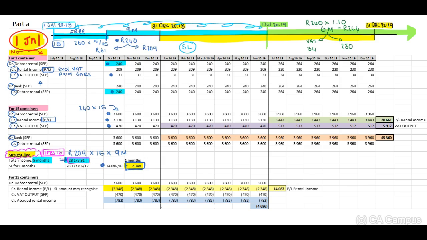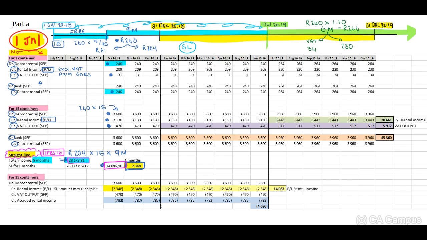Therefore, for 6 months, guys, not 16, for 6 months, this will be 14087. You with me? And if we include or recognize our straight lining for the 15 containers, this is our journal entry that will happen each month.